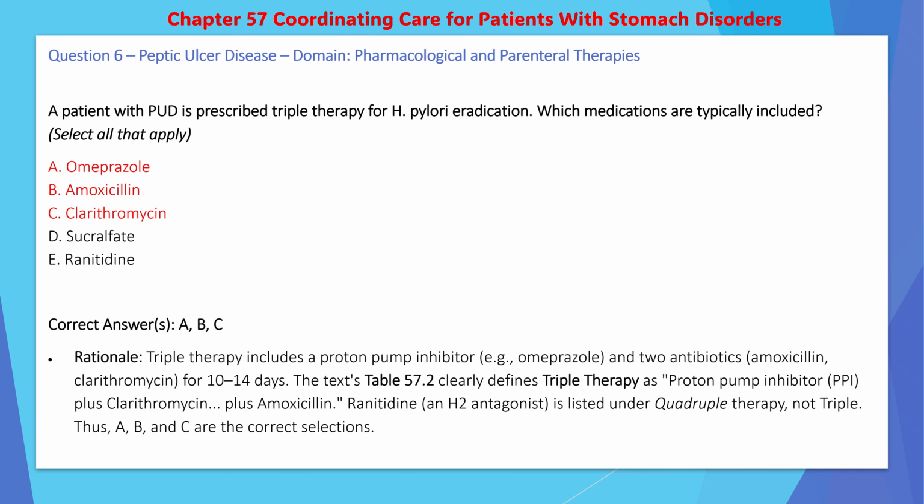Ranitidine, an H2 antagonist, is listed under quadruple therapy, not triple. A, B, and C are the correct selections for this select-all-that-apply question.